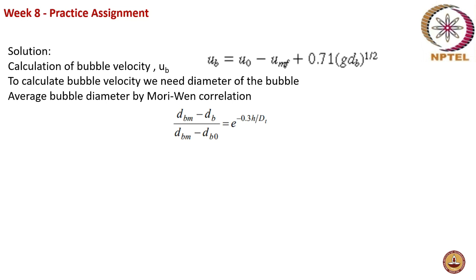Now we have to find out the initial bubble diameter, minimum bubble diameter and the maximum bubble diameter, because you need them to estimate the average bubble diameter.